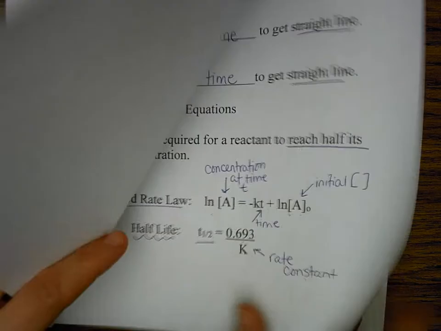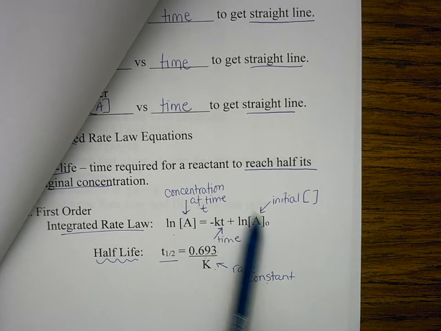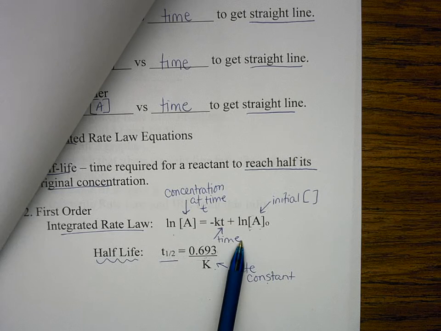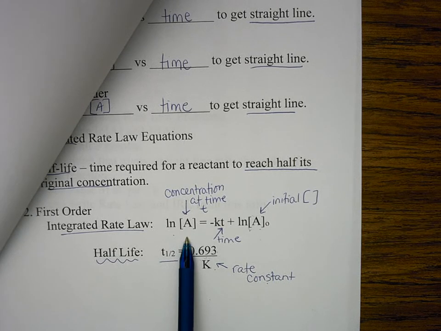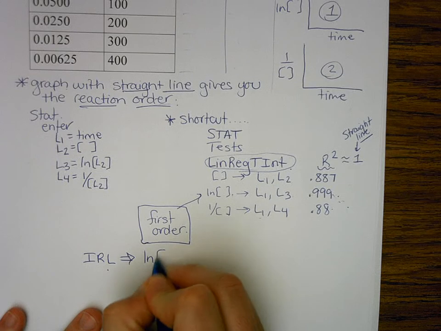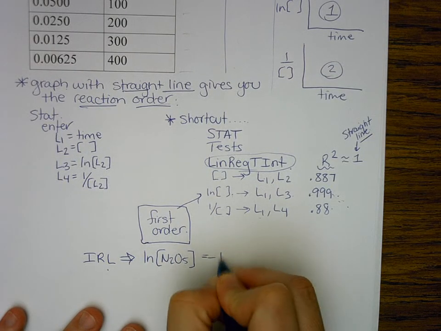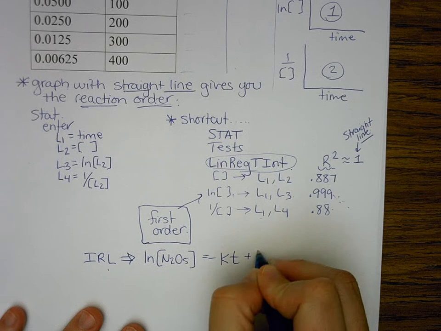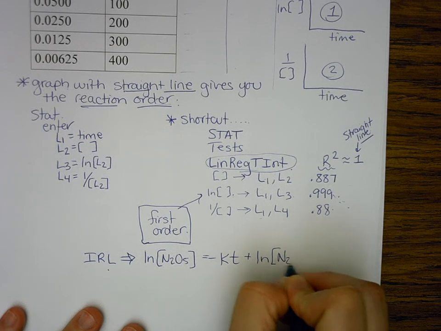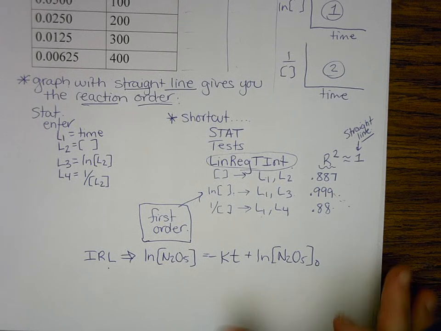Here's my equation for the integrated rate law for first order. And instead of A, I just plug in the concentration of whatever my reactant is, and then that's it. So it would be the natural log of N2O5 equals negative kt plus the natural log of N2O5 with that little 0. That means the initial concentration. So that's the integrated rate law equation.